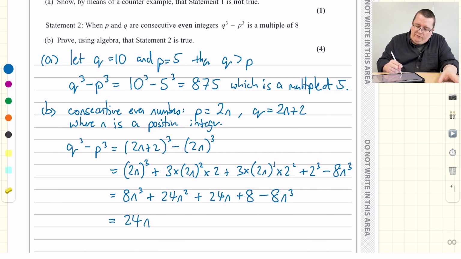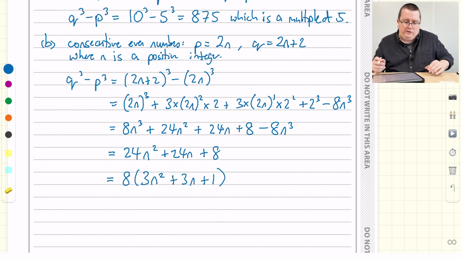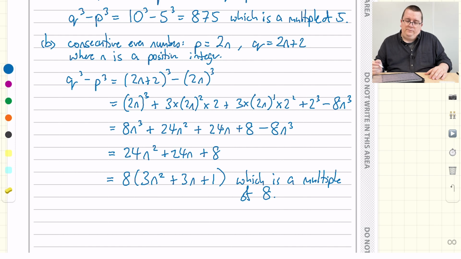We're going to get left with 24n squared plus 24n plus 8. And we can factor the 8 out of that. Oh, sorry, not 24n squared anymore, is it? That'll be 3n squared plus 3n plus 1. Apologies. Okay, and so now we have that is a multiple of 8. Okay, and we're done.